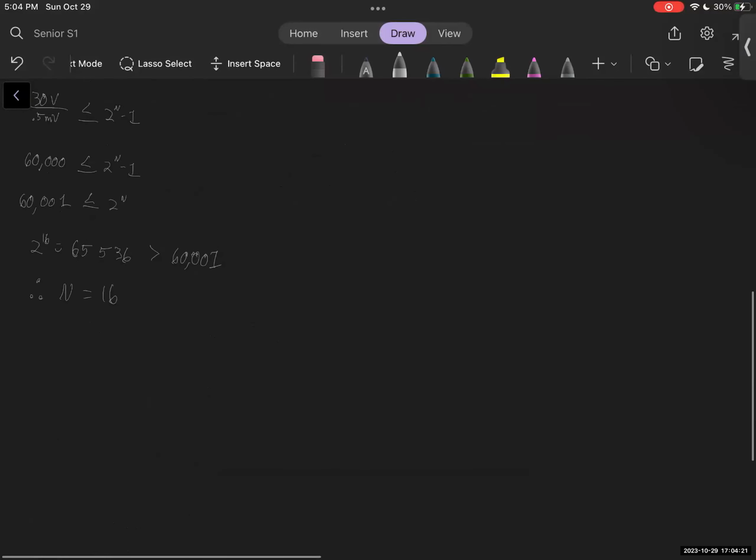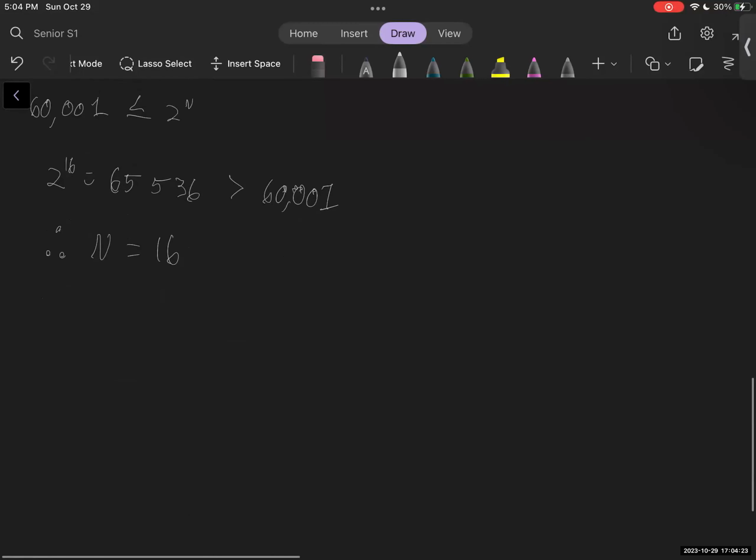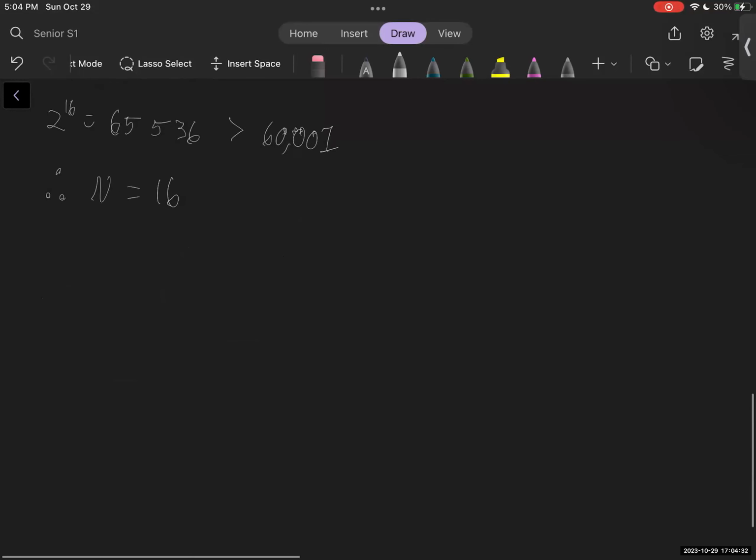The first step of this is we need to take our bit value and figure out what our actual step size or our actual signal resolution is when we use a number of bits equal to 16. So we just go back to our equation. Delta is equal to R over 2 to the power of N minus 1, which is equal to 30 volts over 2 to the power of 16 minus 1.